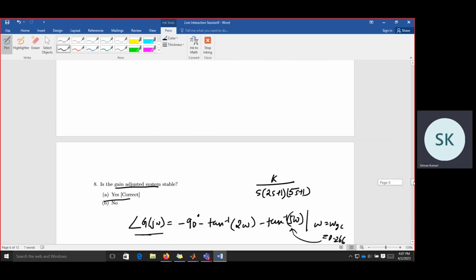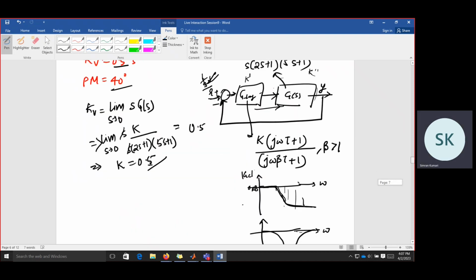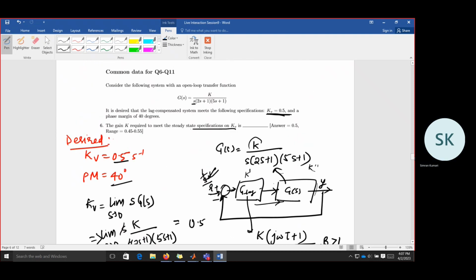So basically in this question answer session, we have tried to see how this specification, which is in terms of steady state error, or we can say transient response, can be achieved through this frequency response analysis.